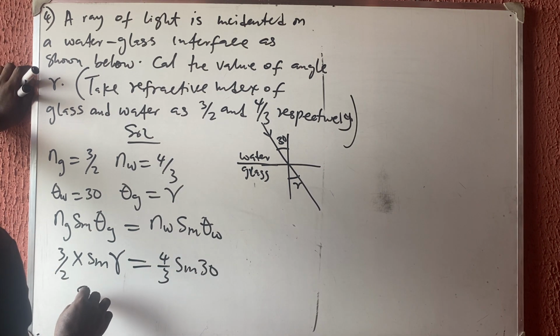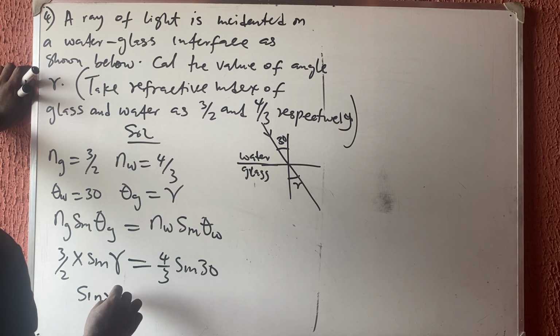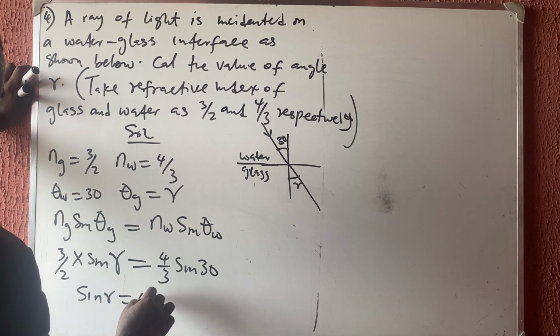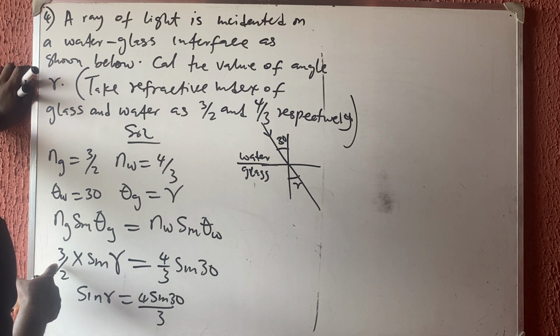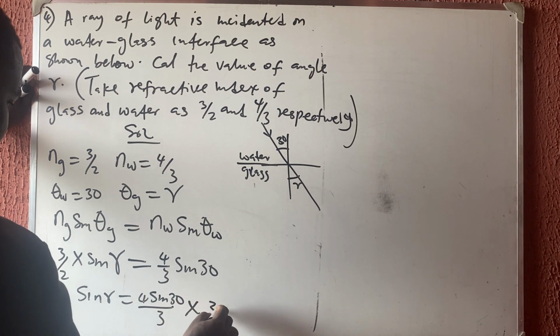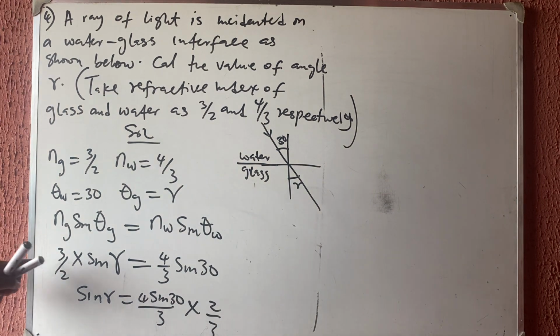So therefore my sine R will be 4 sine 30 over 3 times 2 over 3, because it's going to be divided by this.